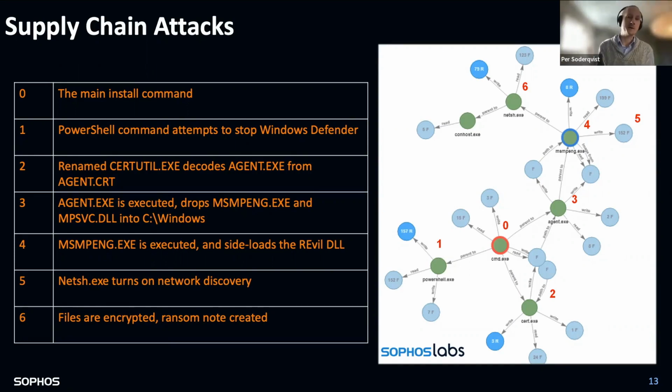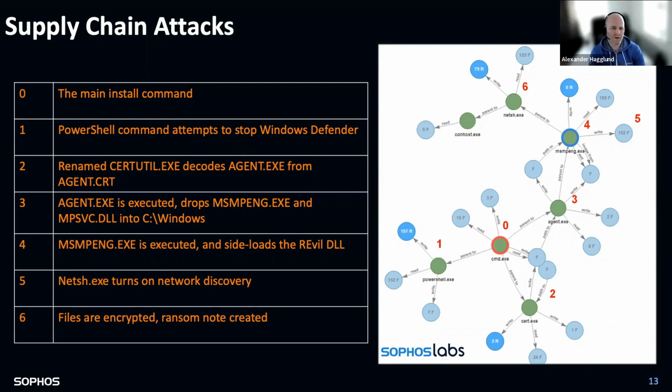One thing that we see in a lot of these attacks is that in the first instance, they use different commands to try to turn off any endpoint protections that you might have. In this particular instance, they used a PowerShell command that attempted to stop Windows Defender. But we also know that they use a lot of different scripts to turn off a bunch of different security vendors that are commonly used amongst different customers.